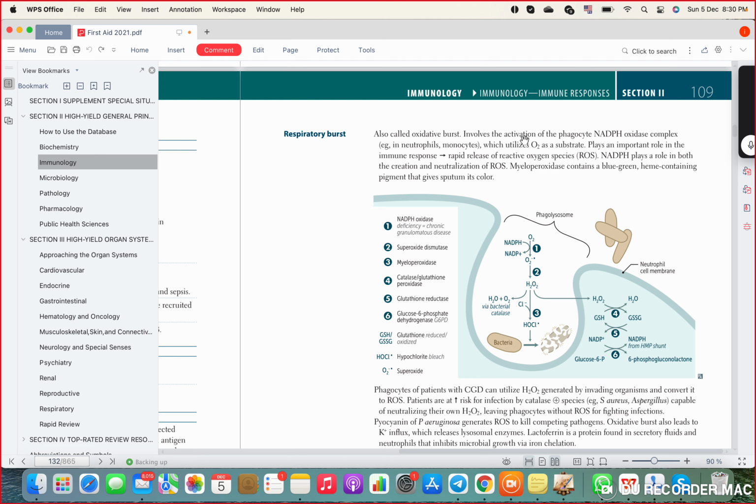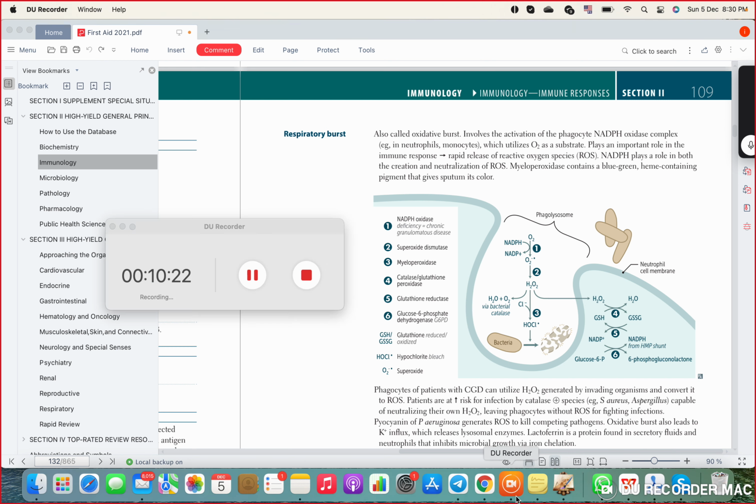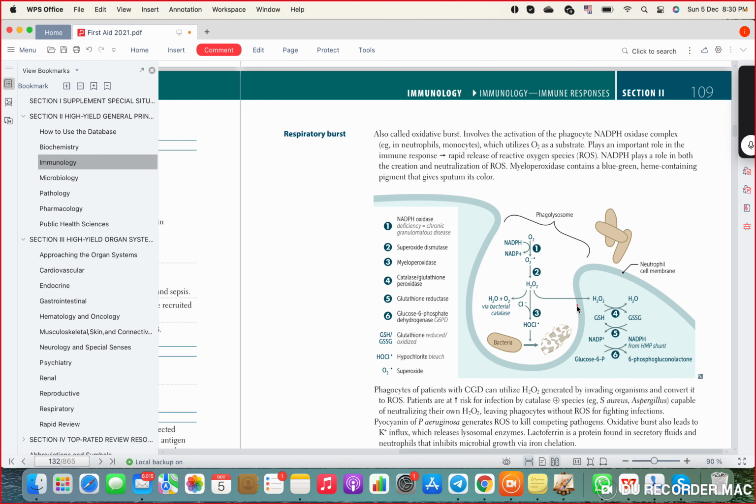Speaking about the respiratory burst, can you explain what happens exactly? When the neutrophil takes in the bacteria, to kill the bacteria, first oxygen is taken by the cell, and then the oxygen is converted into superoxide with the help of NADPH oxidase, and a problem here will cause CGD.